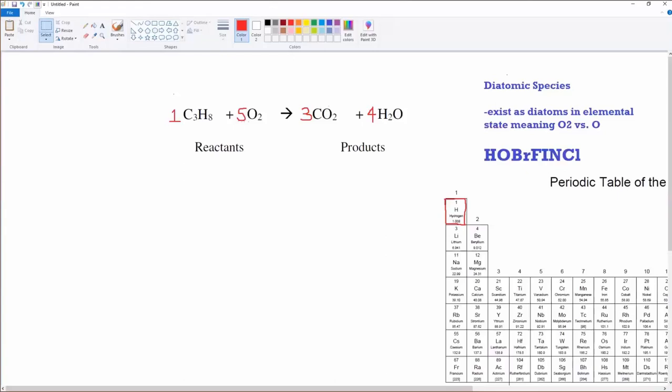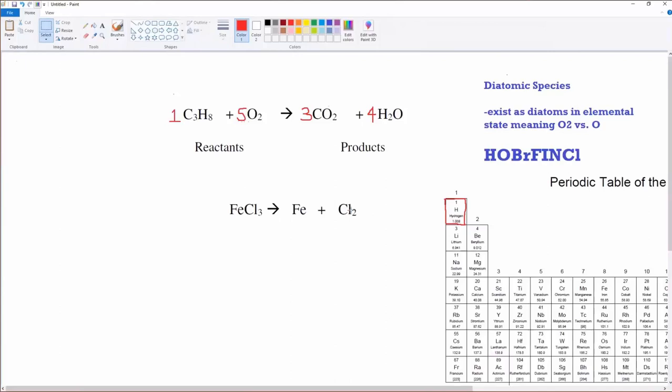So let's try one more here before we talk about some of the rules. I think they'll make a little bit more sense in context. All right, so let's take this one. This is the decomposition of iron(III) chloride into constituent elements, iron and chlorine.